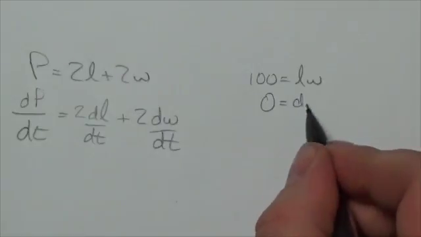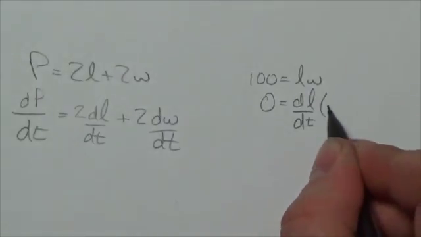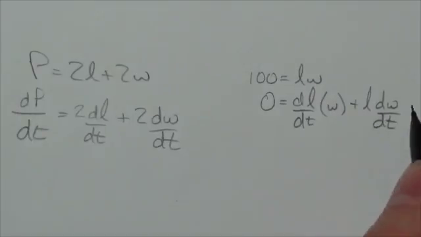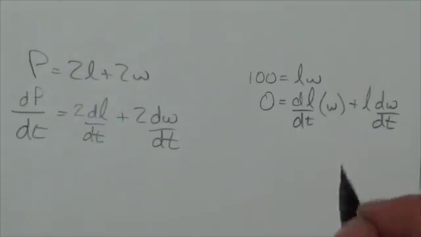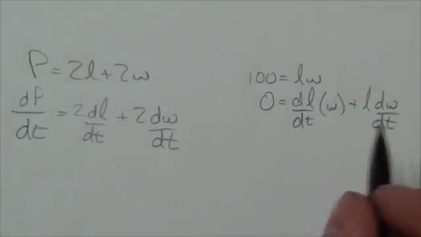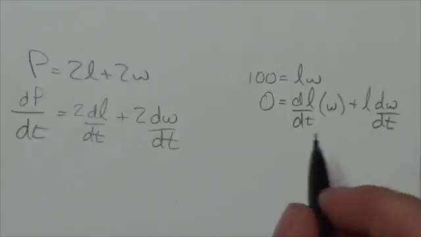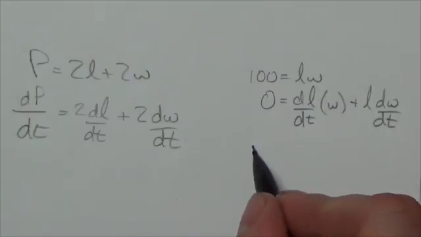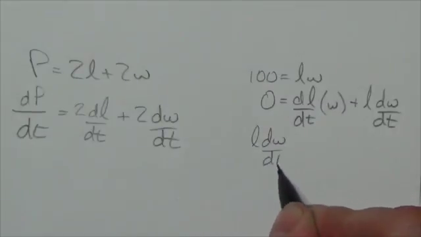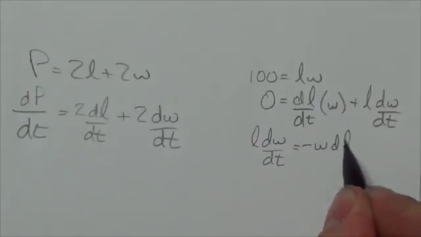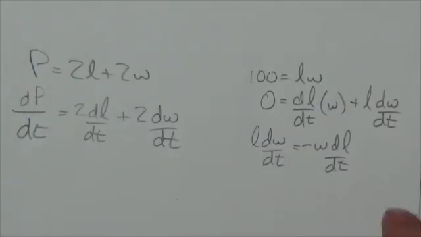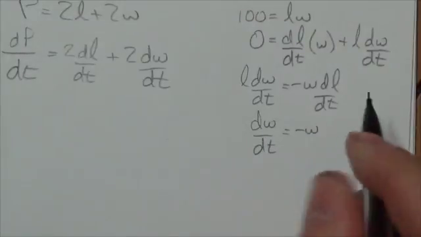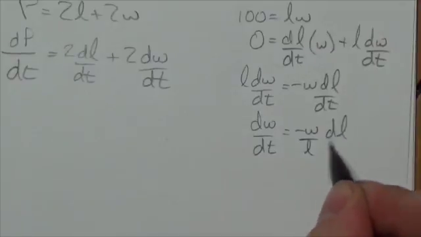So the derivative of L with respect to time times W plus L times the derivative of W. Okay, and what we're looking for here, by the way, is dW/dt. So I'm going to rework this a little bit. So this will be L dW/dt equals negative W dL/dt, and I'll divide by L. dW/dt is going to equal negative width over the length times dL/dt.